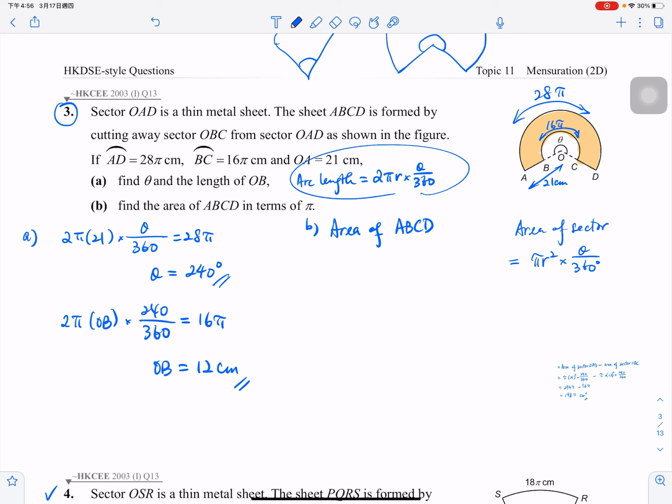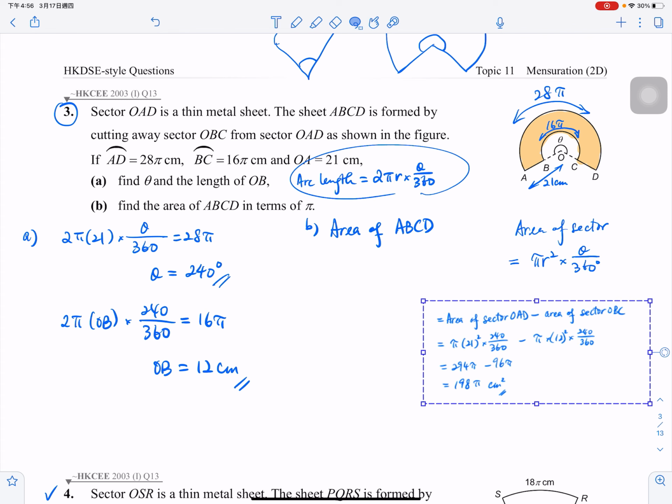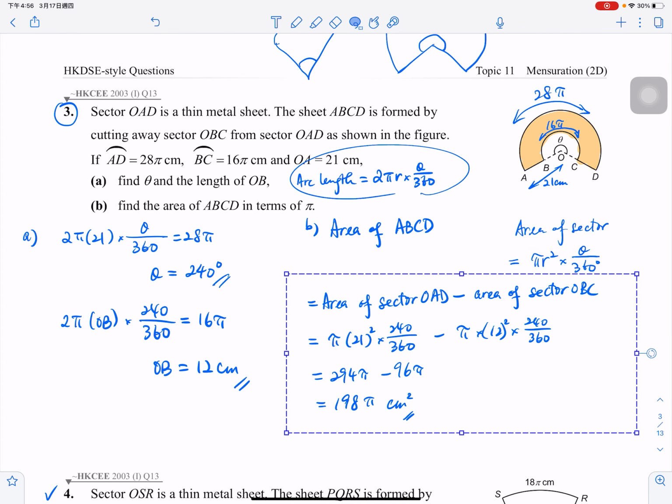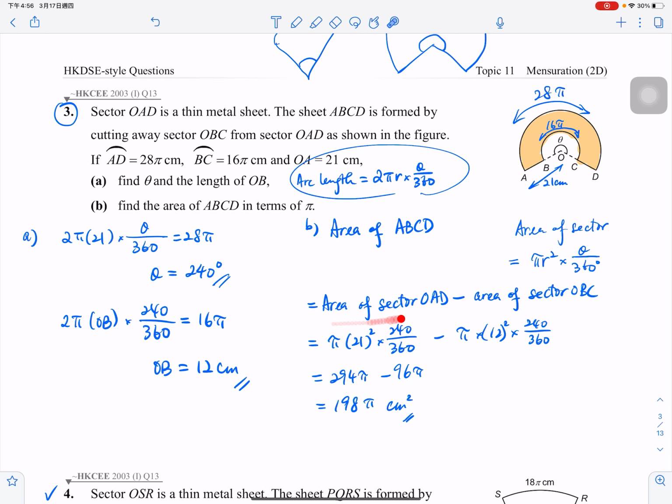Correct. Here we have two sectors, the bigger one and the smaller one. So the answer is the bigger sector area minus the smaller sector area. 21 is the bigger radius, and just now we found OB is 12, so minus 12 squared.